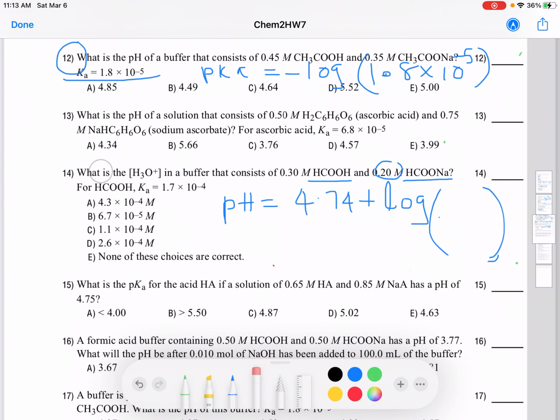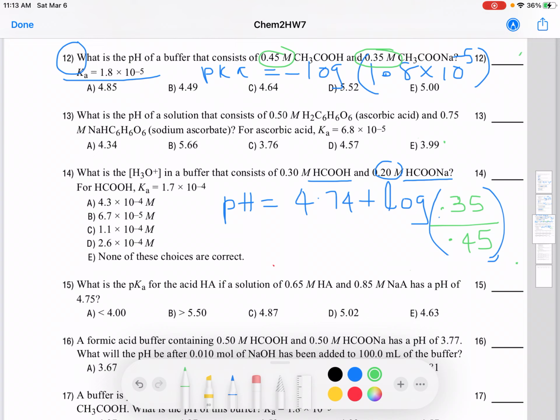Sorry about that. 4.74 plus log, and then the base concentration, sodium acetate 0.35 over 0.45. That's the acid, 0.45. So first get 0.35 over 0.45, get that answer, and then you can take the log of that.